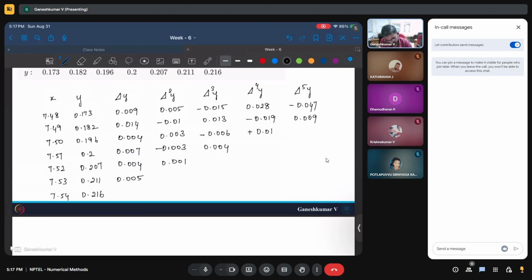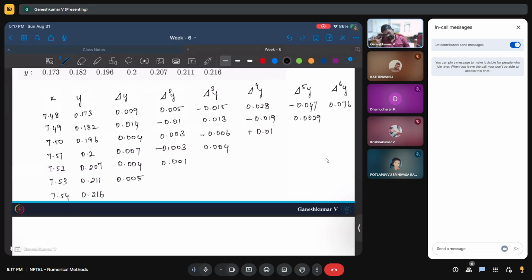So this minus this is going to be 29. And del power 6y, it is 0.076. Okay, positive. So this is your forward difference table.